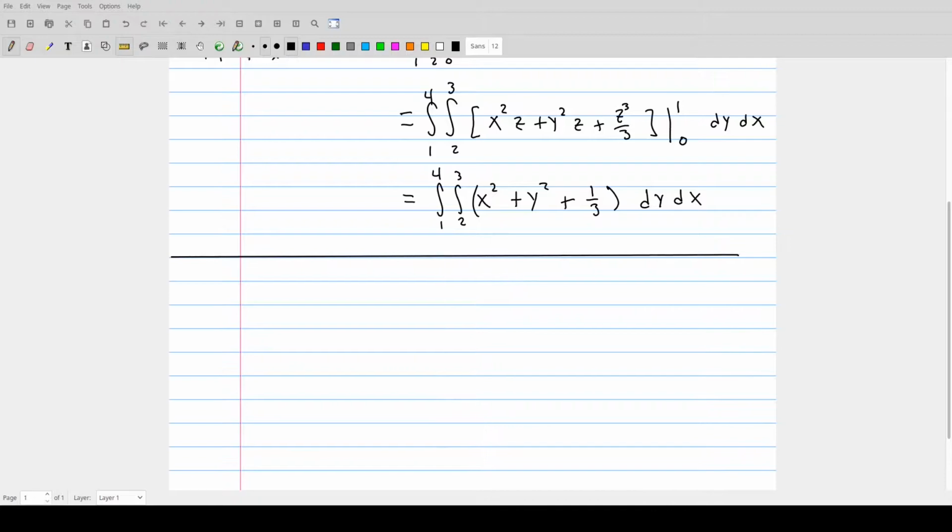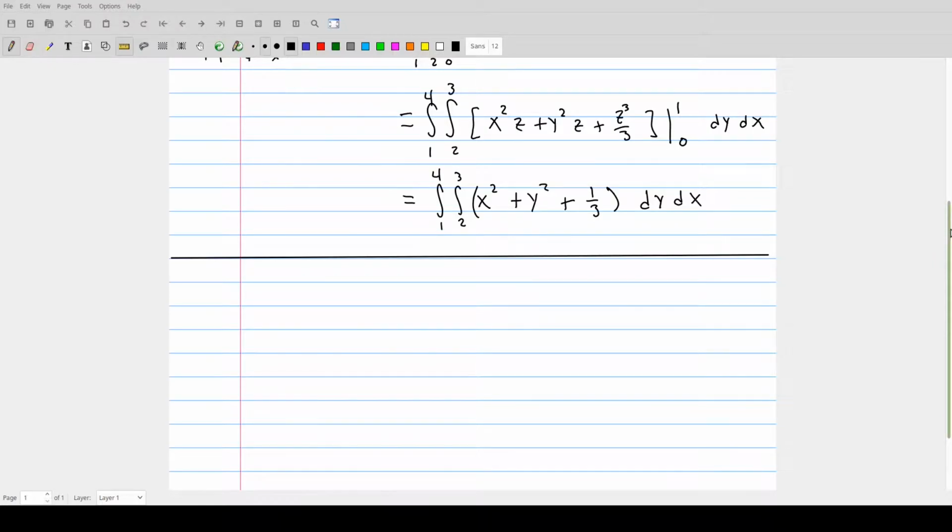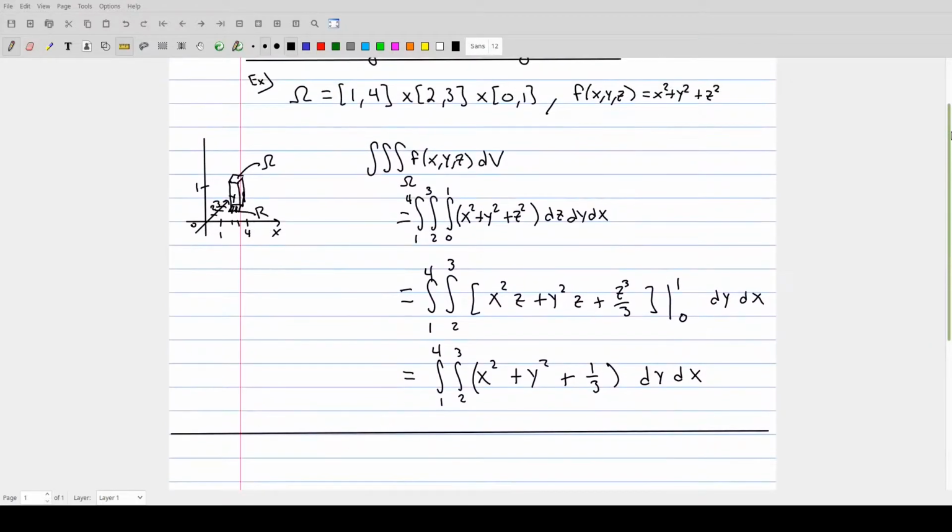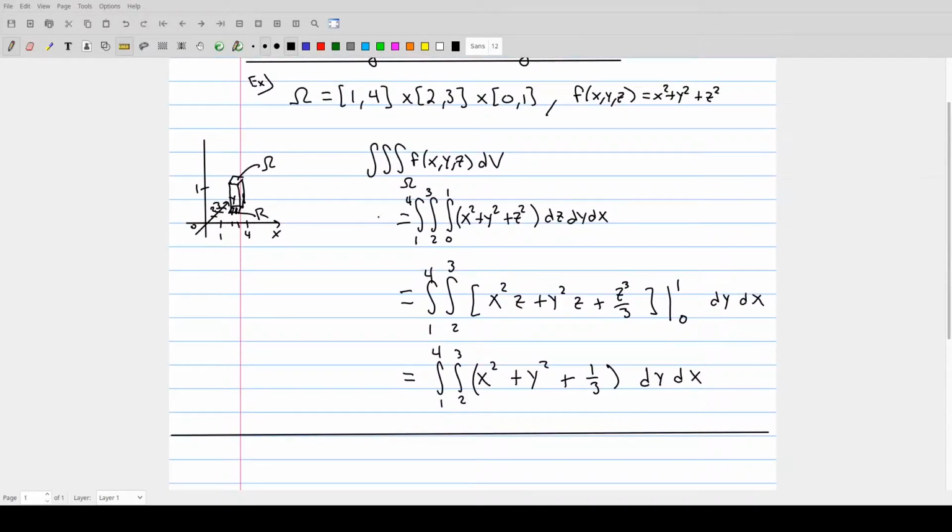So a big question that you should probably be thinking of is what happens when this region is a non-rectangular domain. Because just like for double integrals, it's a little bit different when we integrate over a non-rectangular domain. For rectangular domains, we have Fubini's theorem. And just like in 2D, we also have Fubini's theorem for non-rectangular domains, but you have to be more careful when you're evaluating the bounds of integration.